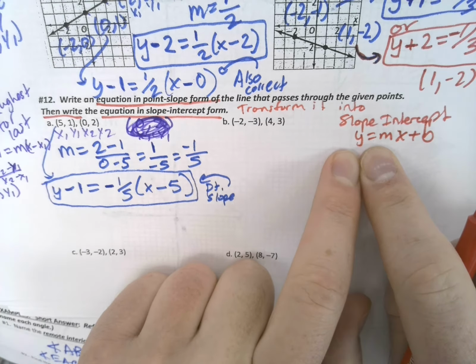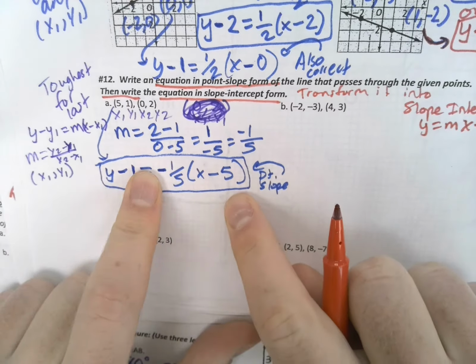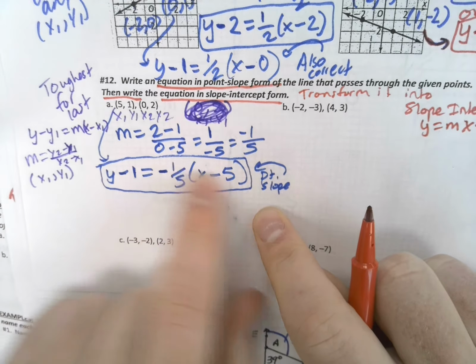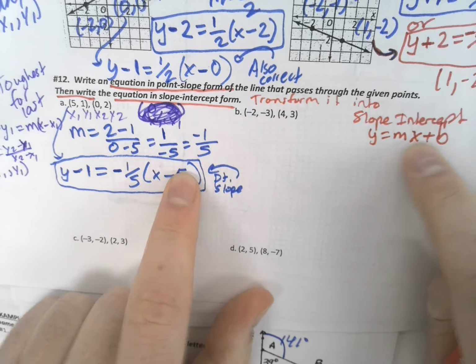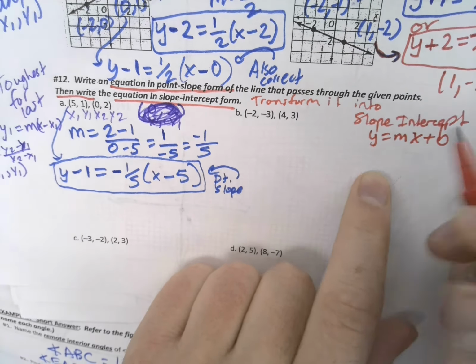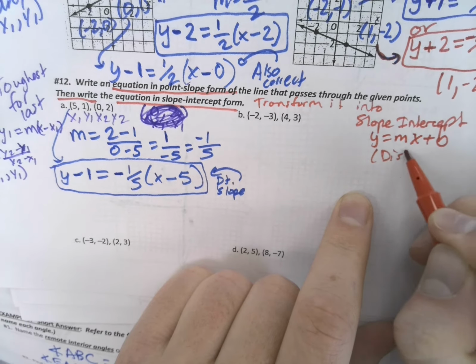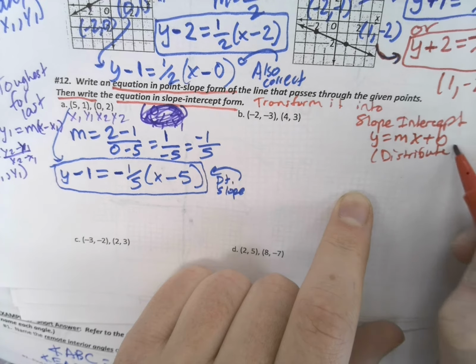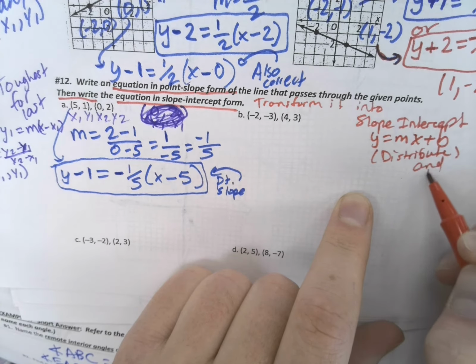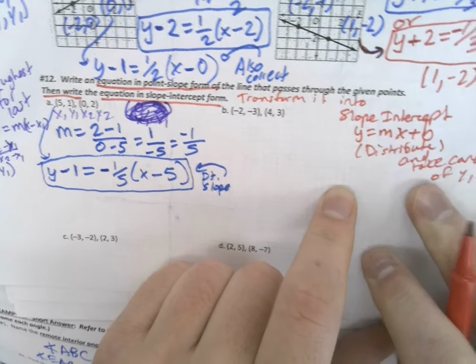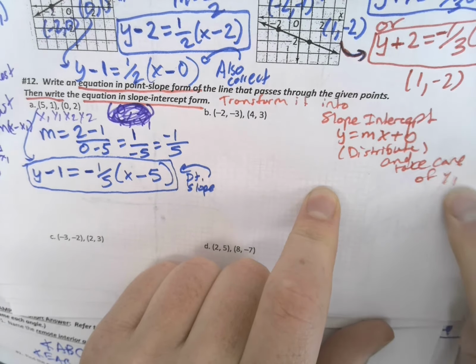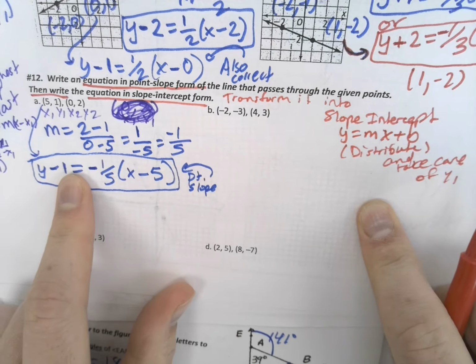That means we're going to need to get the y by itself as we transition from this form to here. You also notice there's no parentheses in this form. That means we're going to need to distribute and take care of y1.